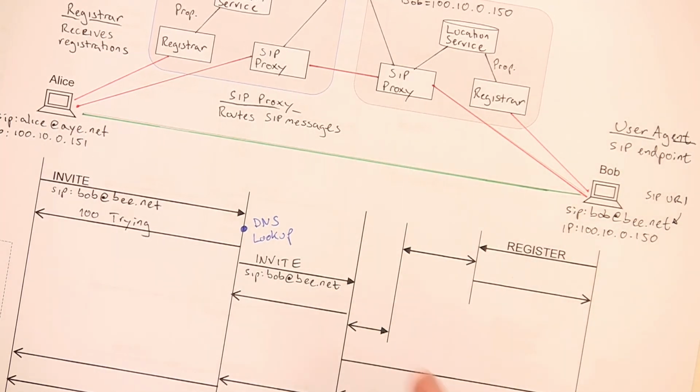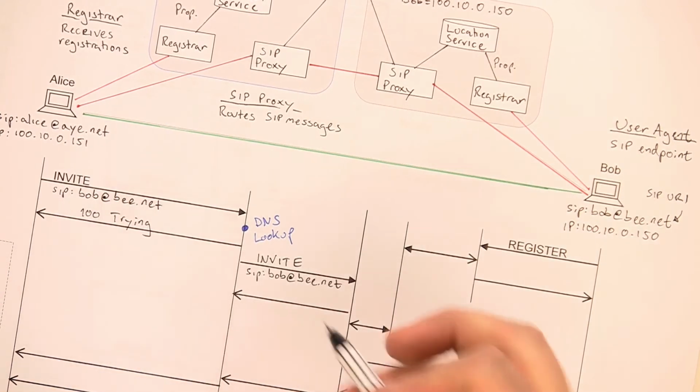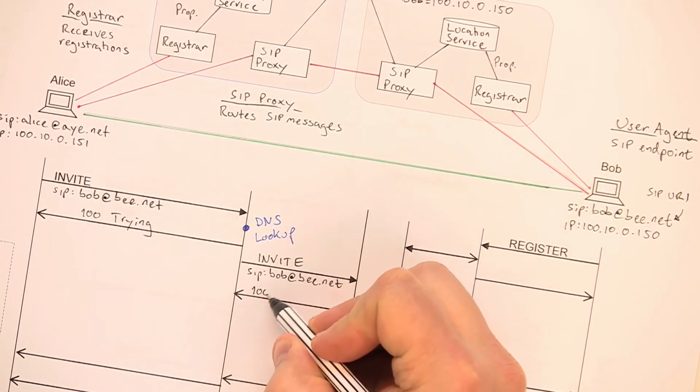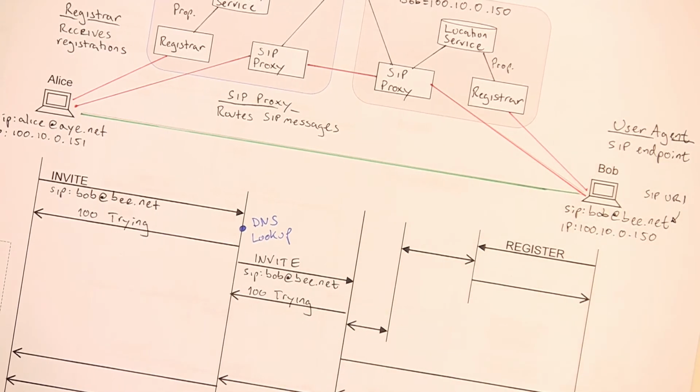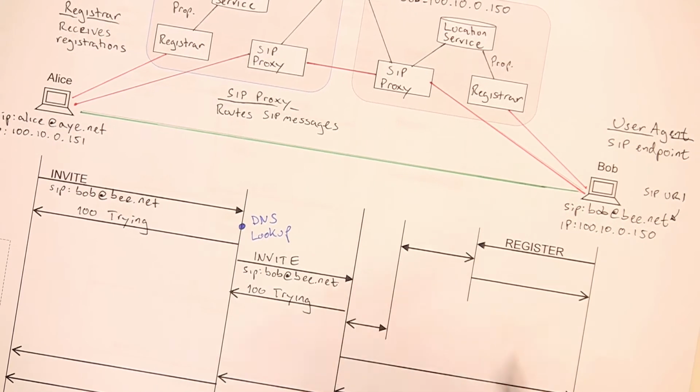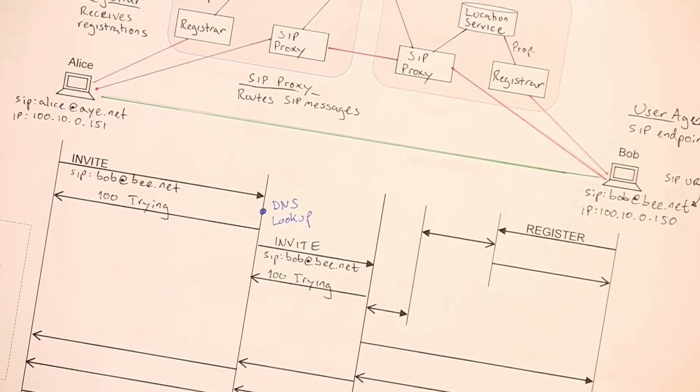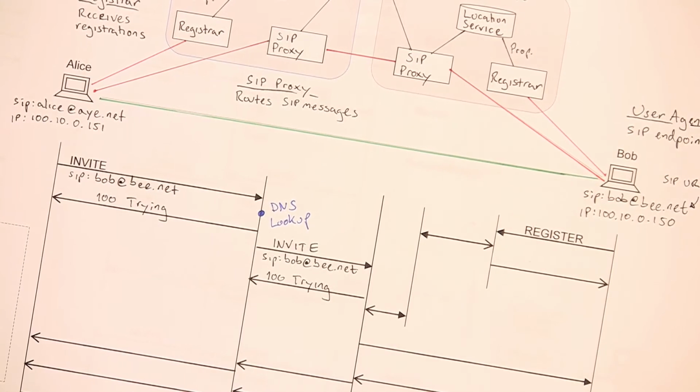So once again, we have the 100 trying. If you wonder about the different arrows that we have here, the different heads of the arrows, you can see that they're different. And that's something that we try to do consistently.